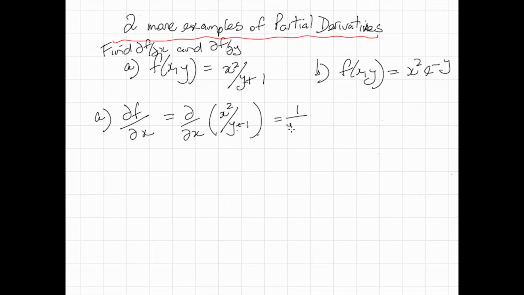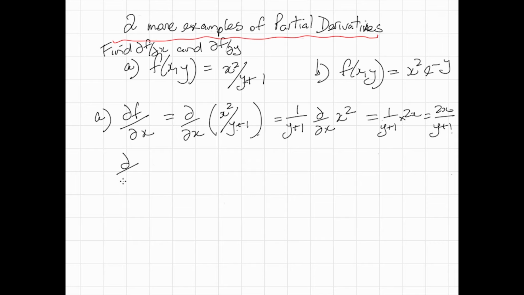So we have 1 over y plus 1 out the front because y is a constant, and then all we've got to do is find the derivative with respect to x of x squared. And when we find the derivative with respect to x of x squared, we get 2x. So it'll be 1 over y plus 1 times 2x, and probably a better way to write that is multiply the 2x times the 1 and put that on the numerator, and then that'll be all over y plus 1.